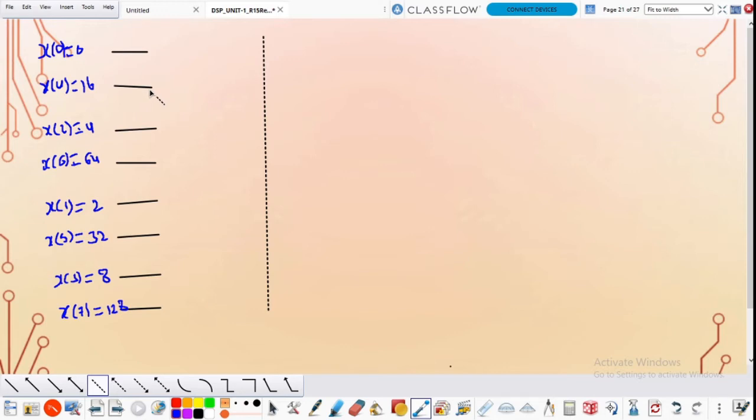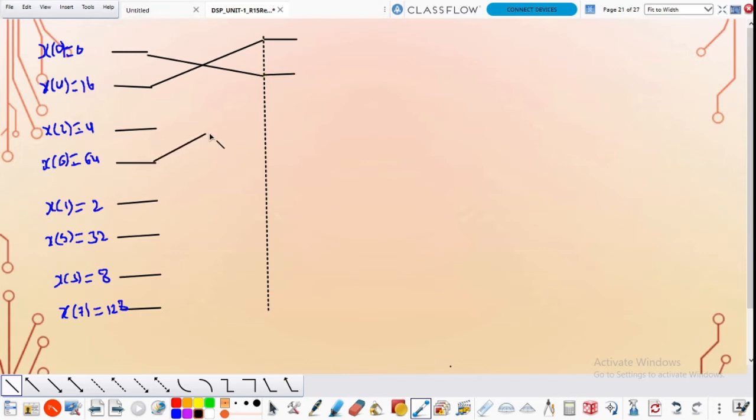The up sample is drawn by upward direction, and the down sample is drawn by upward direction. And the up sample is drawn by downward direction. And these 2 samples are another 2 point DFT.